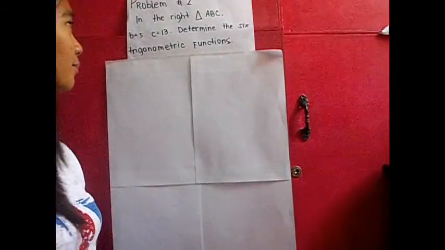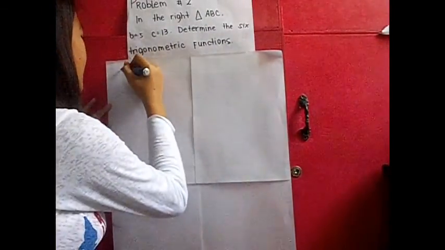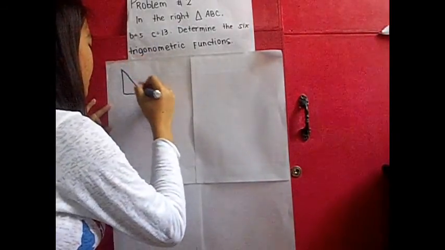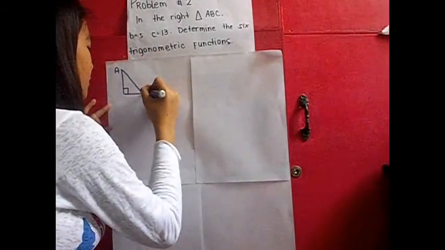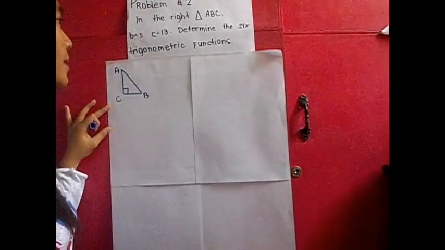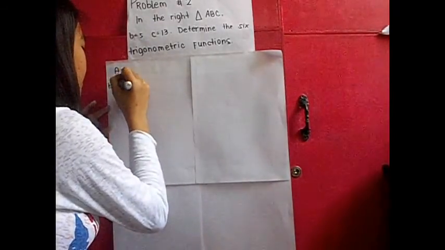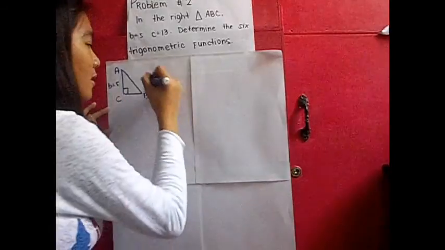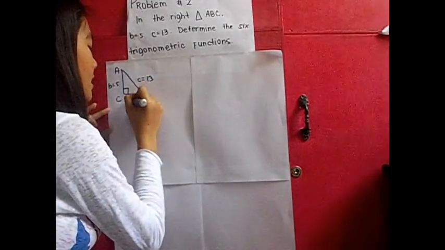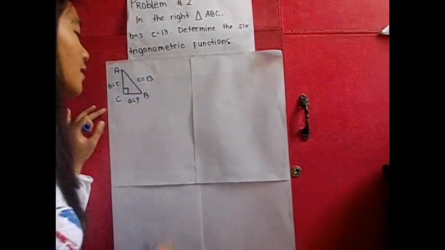I have here problem number 2. In the right triangle ABC, B is equal to 5, C is equal to 13, and A is not given.